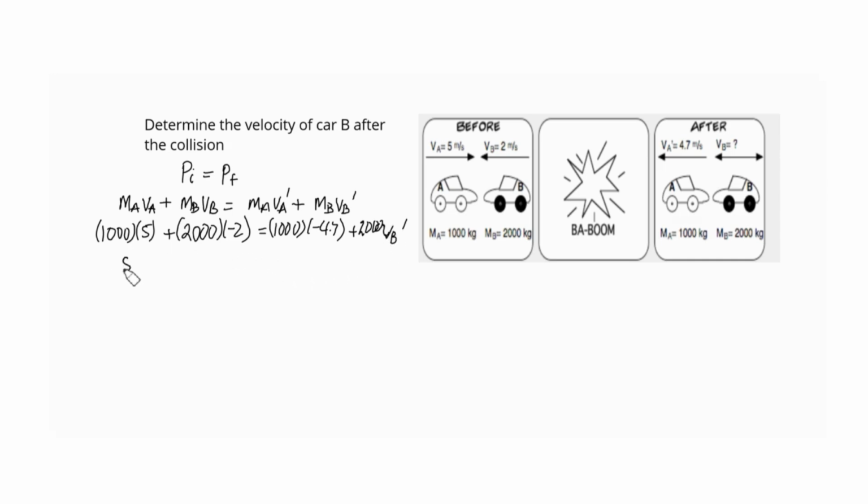And so this gives me 5000 minus 4000 is equal to negative 4700 plus 2000 vB prime.